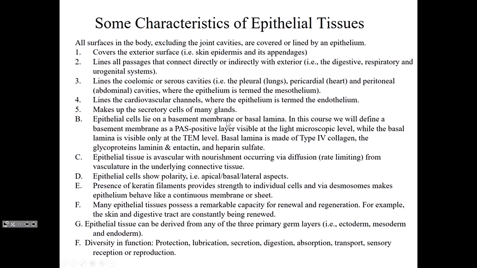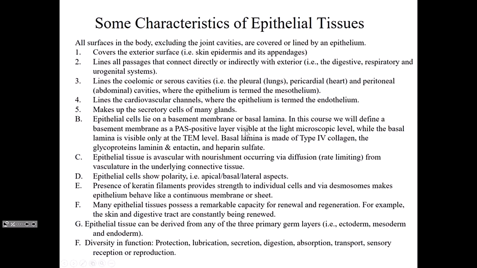Now, epithelial cells all reside somewhere on a basement membrane or a basal lamina. A basement membrane is the term we use for a structure that we can see at the light microscopic level. Basal lamina is the term we use for a higher magnification of that same structure at the electron microscopic level. And we'll cover all of that again. Typically, the basement membrane can be PAS positive, okay?